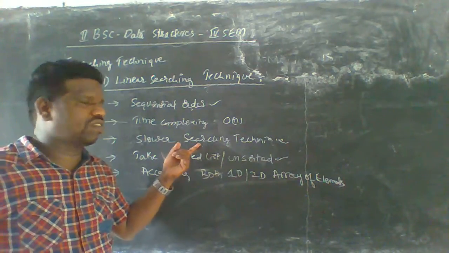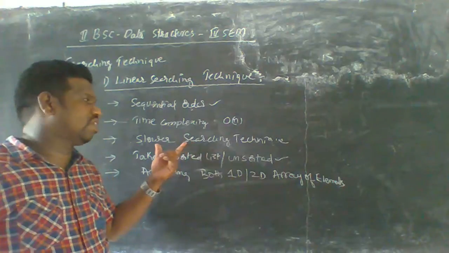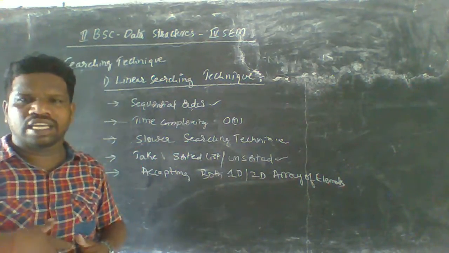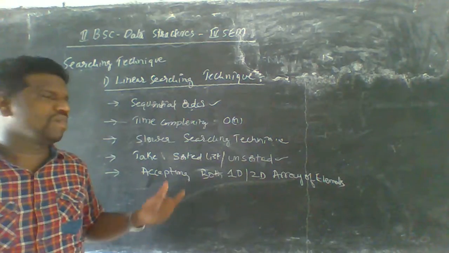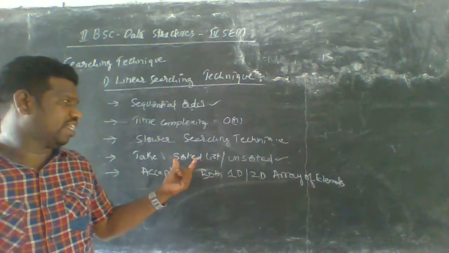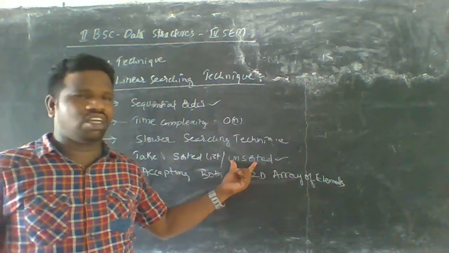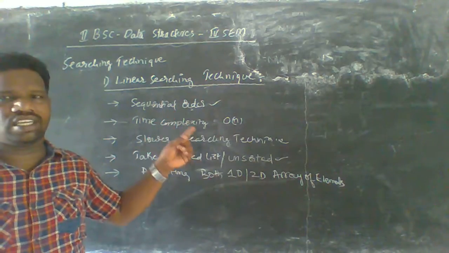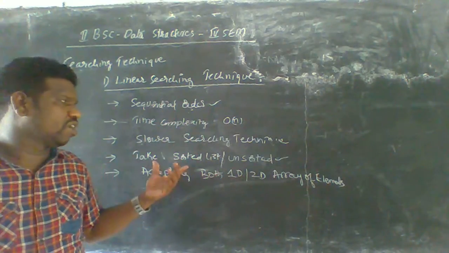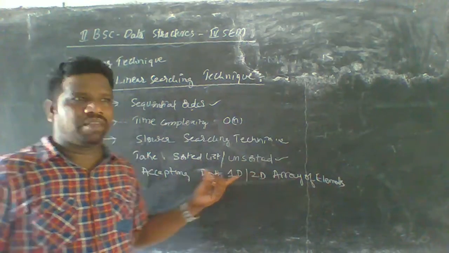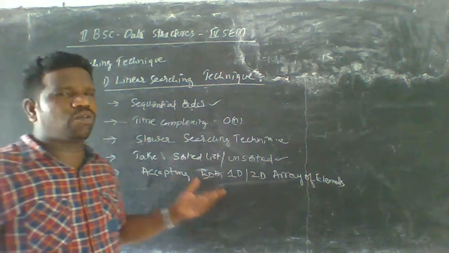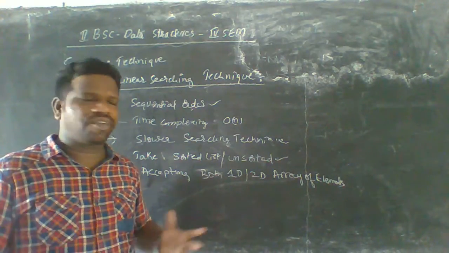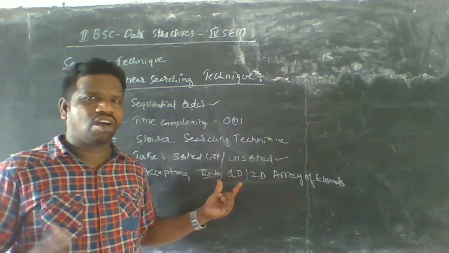That's why it is sometimes a very slow searching technique. Whether the given list is sorted or unsorted, this linear searching technique is applicable, and it accepts both one dimensional and two dimensional arrays of elements.